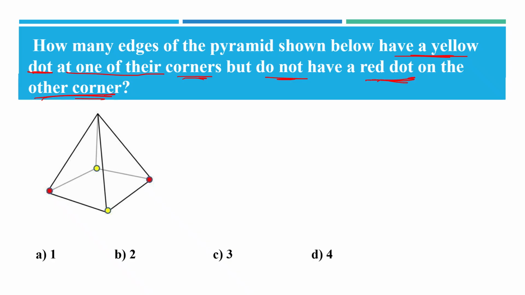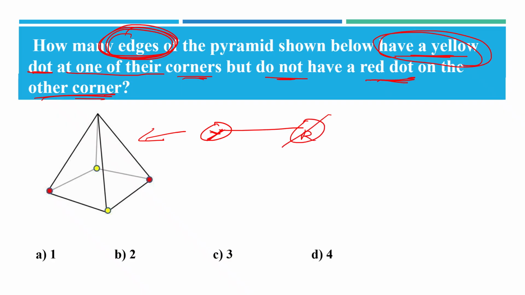Great. So we are supposed to concentrate on edges. We know that edges here are going to be straight lines, and these straight lines need to have a yellow dot, but there should be no red dot on them.